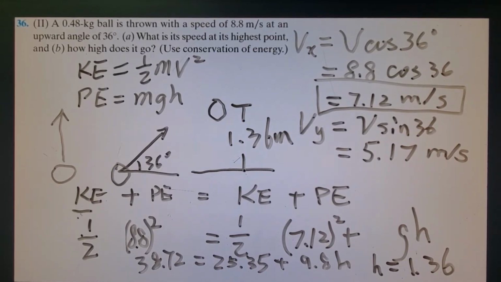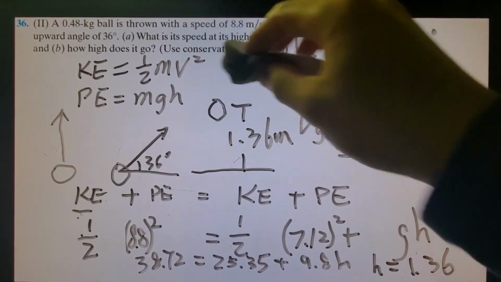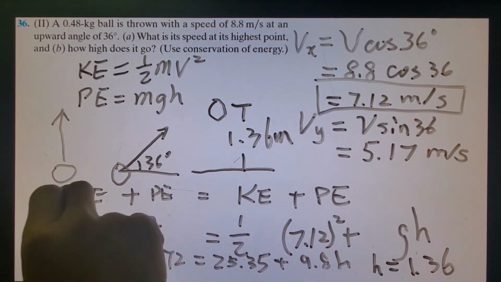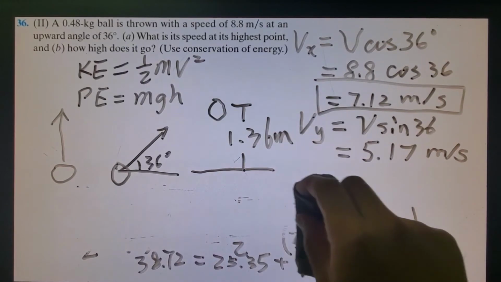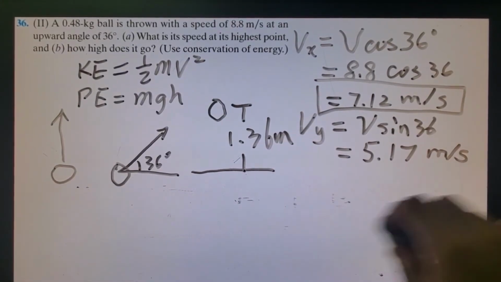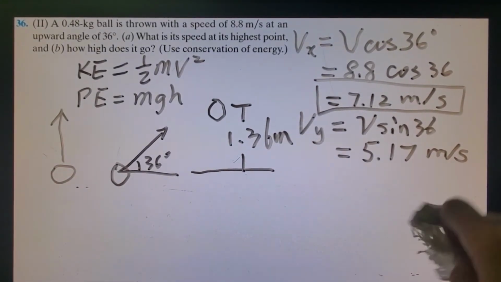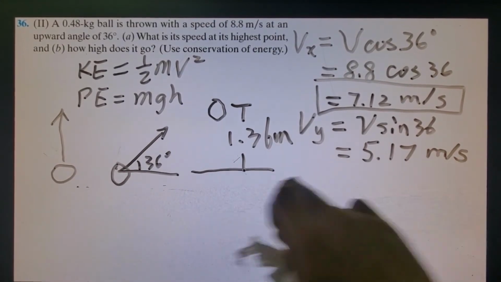There is another way that we can calculate it. Let's say we did not learn the conservation of energy. How are we going to do it? I'm going to use another method. I want to know the height.